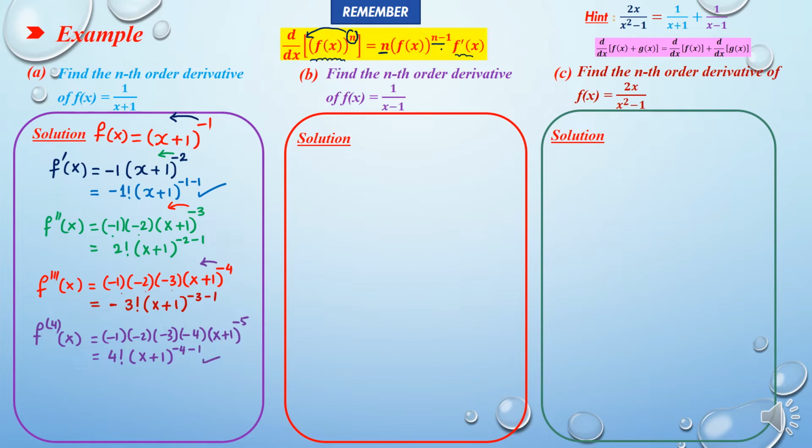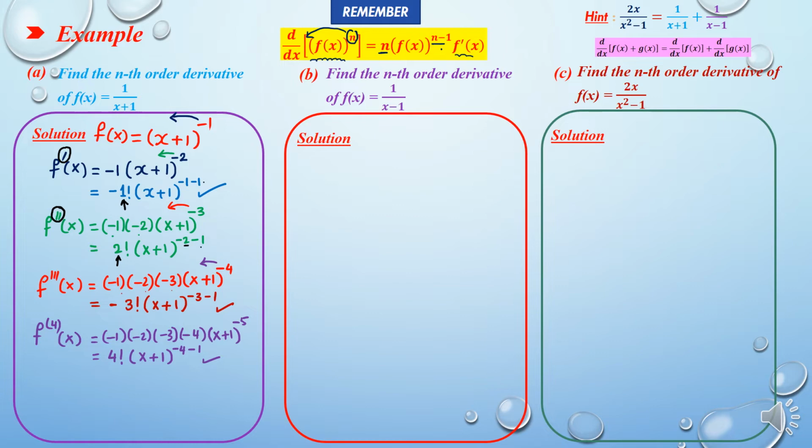Now we want to see what is the pattern, how to find the nth derivative of this function. If you compare the order of the derivative, here the first derivative, you see that we have 1 here and minus 1 here. Here we have the second derivative, 2, so here we have 2 factorial, and here we have minus 2 minus 1.